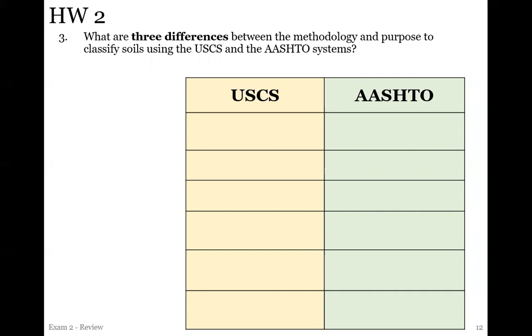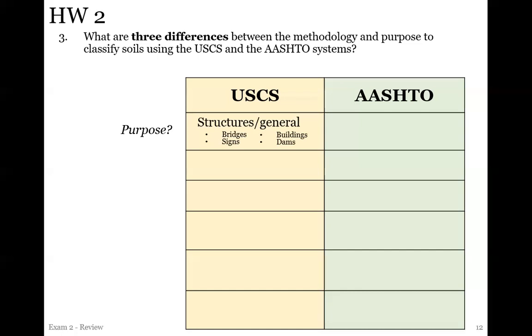So, some of the key distinctions between these two. The purpose for the USCS: this one is for structures and general geotech. So anything that you are anticipating loading with a structural load should be using USCS. This includes bridges, signs, dams, and buildings. So there's still that overlap with your roadway.